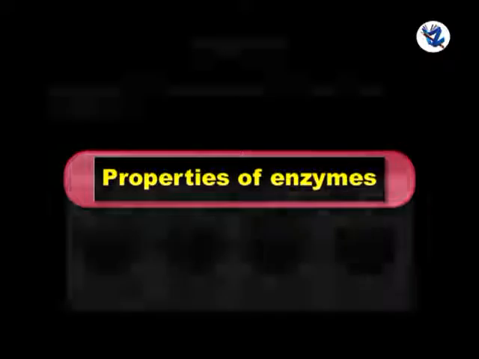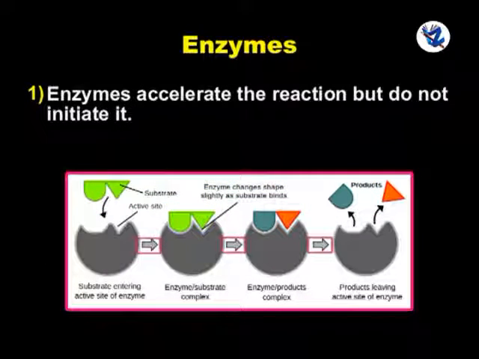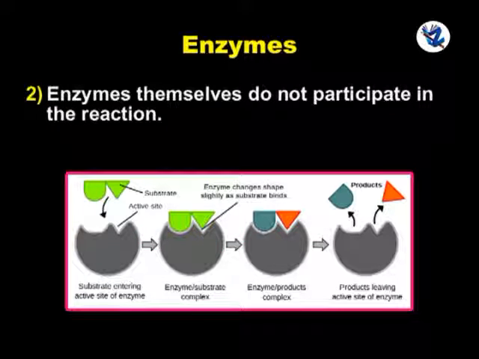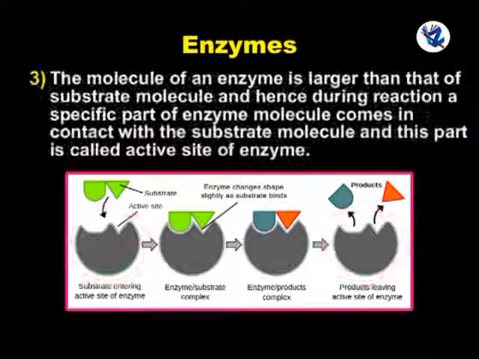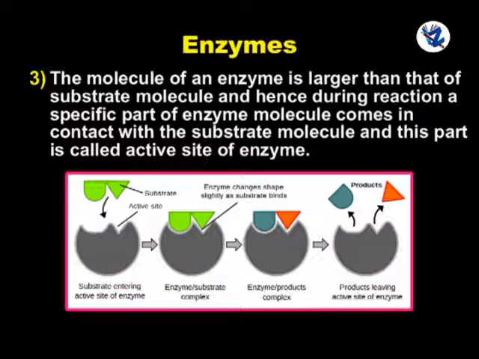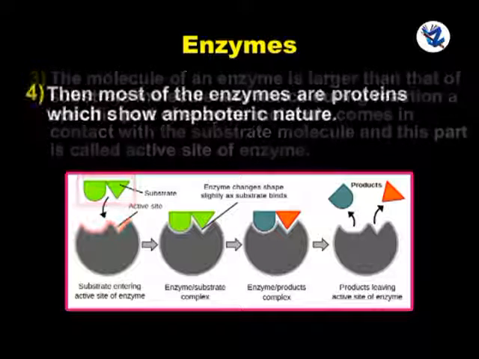Properties of enzymes. Enzymes accelerate the reaction but do not initiate it. Enzymes themselves do not participate in the reaction. The molecule of an enzyme is larger than that of substrate molecule, and hence during reaction a specific part of enzyme molecule comes in contact with the substrate molecule, and this part is called active site of enzyme.